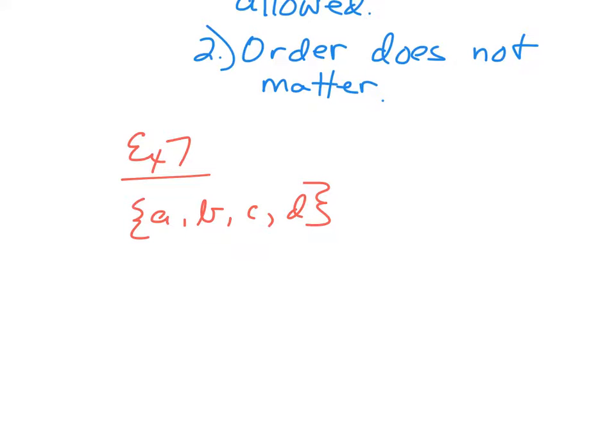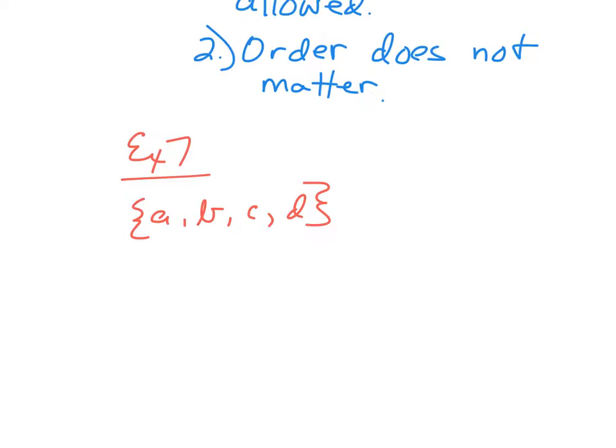Okay, so I got 4 things here, and I'm making subsets. Now, I haven't really told you what a subset is. A subset is any combination, oh, I used the wrong word there, but anyway, any pairing of these 2 letters. And the order in which they're paired would not matter. Okay, so here's the way I'm thinking now.